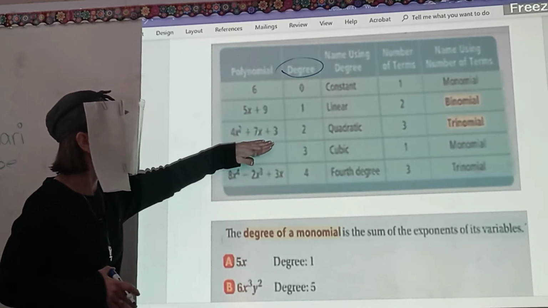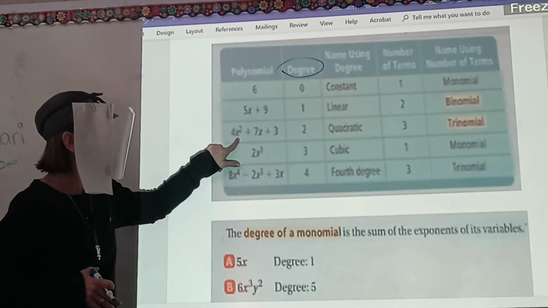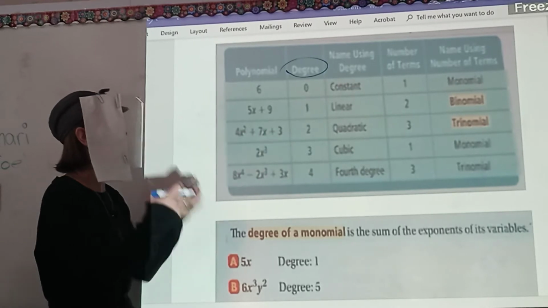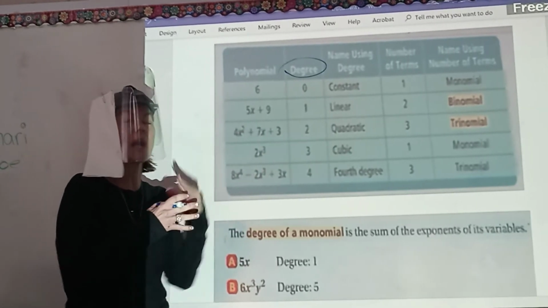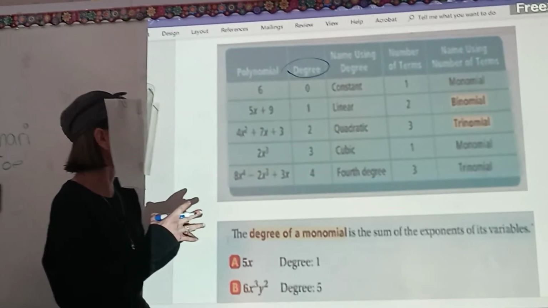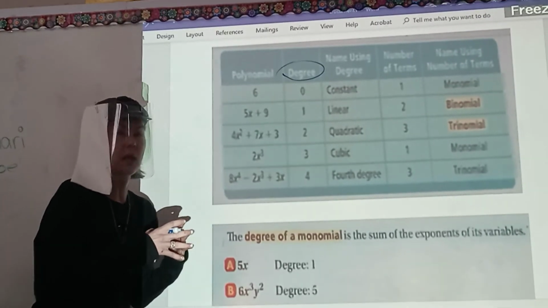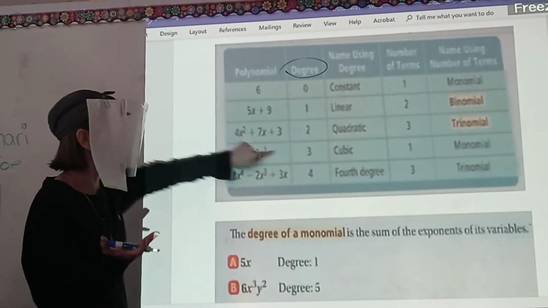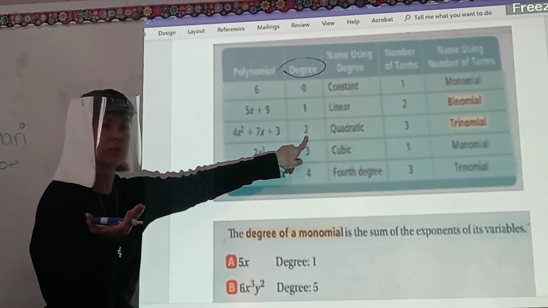Let's look here. We have 4x squared plus 7x plus 3, this trinomial. You have to take the highest exponent for the degree of this trinomial. The highest exponent is 2, so the degree would be 2.